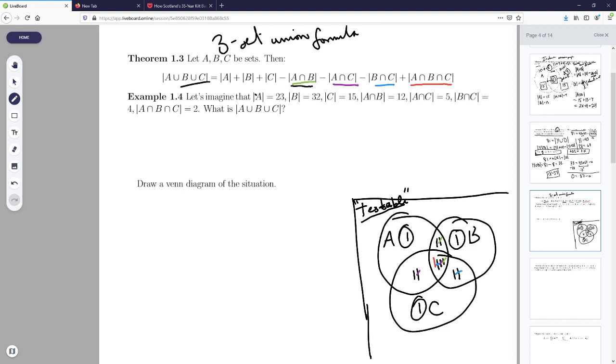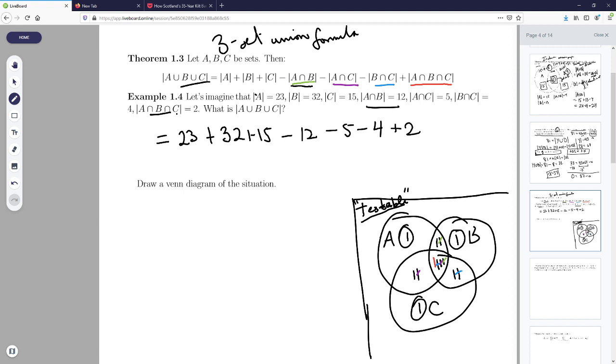So now let's just compute this thing. So what is A union B union C? Well, that's going to be equal to 23 plus 32 plus 15 minus, and then you see A intersection B, so 12, minus 5, minus 4, plus the triple intersection, plus 2.